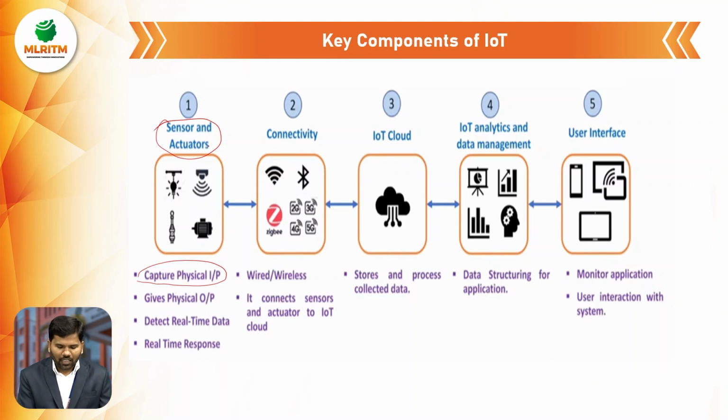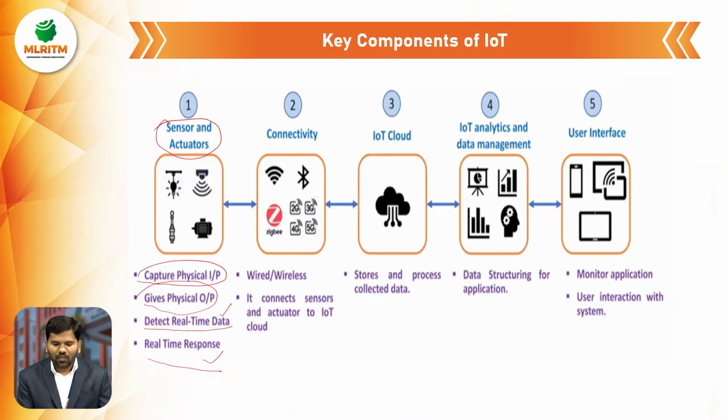Here the actuators give the physical output, which means the sensor will sense the information, then the actuator will react and give a response based on the sensor input. So it detects the real-time data and gives the real-time response. The sensors give the real-time data and the actuators give the real-time response.